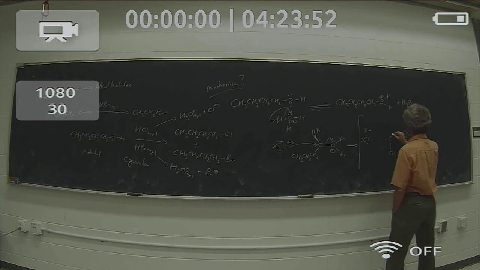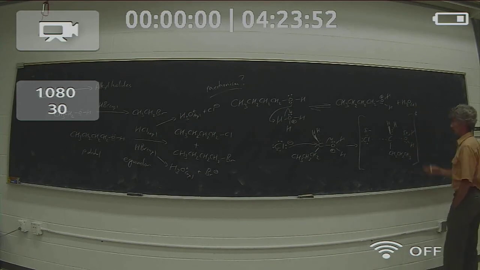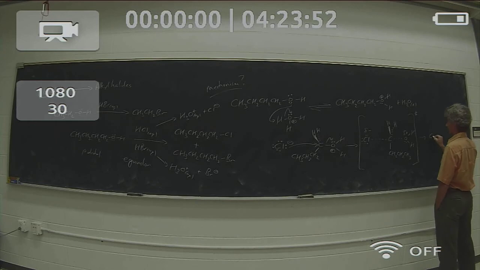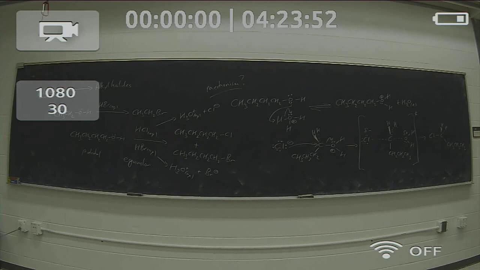And we have gone to a trigonal bipyramidal geometry on carbon. And when we're done, we will have inverted the stereocenter, though since it's not a chiral center, you won't notice that you've inverted. So it's pretty simple.